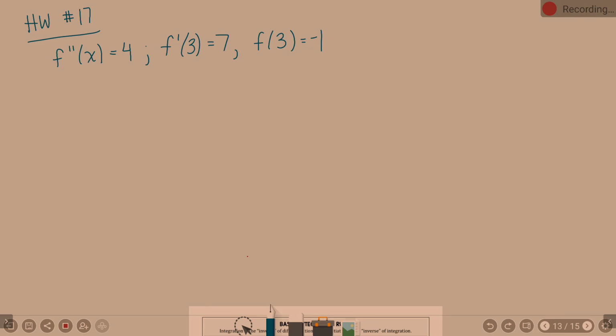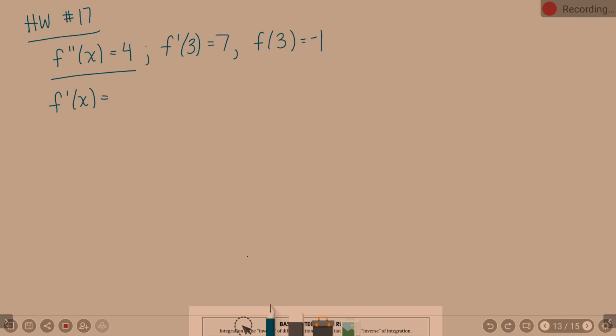Okay, guys, we are starting with this piece of information right here. F double prime of x is equal to 4. Now, f prime of x is going to be equivalent to the integral of 4, yes?